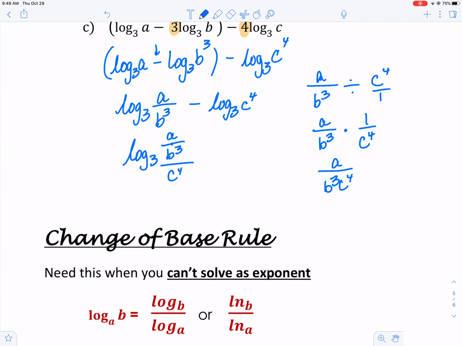So when you see that, you don't have to go through this step. You don't have to do all of this, okay? Because now we've proven that all you have to do is say a over b to the 3rd, and I'm just going to stick my c to the 4th on the bottom. Okay?